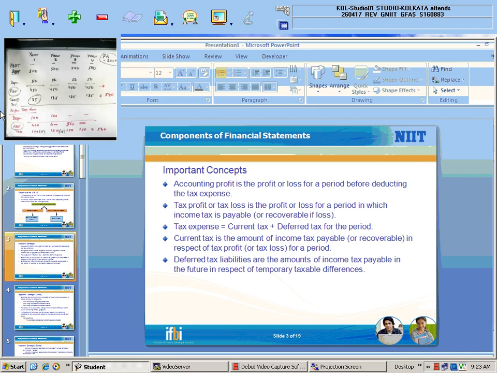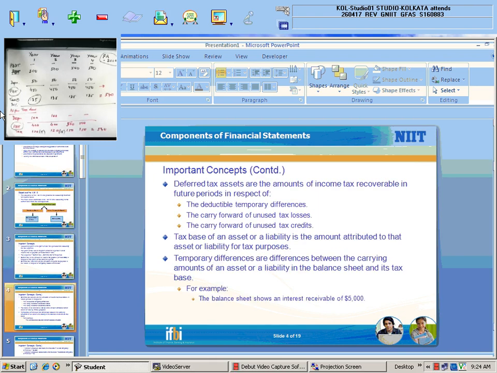So current tax is the amount of income tax payable or recoverable in respect of tax profit or tax loss for a period. Whereas deferred tax liabilities are the amounts of income tax payable in the future in respect of taxable temporary differences.